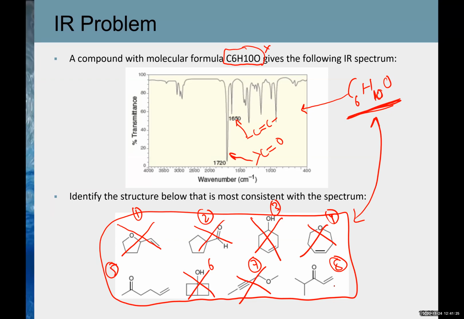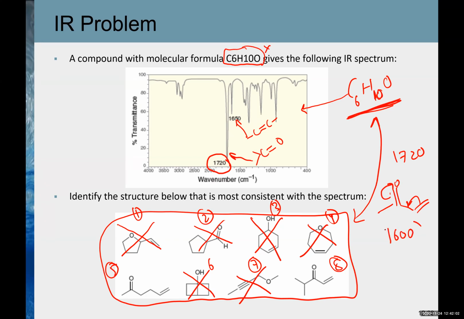Okay. So the actual thing which you should compare is the value of CO. CO is at 1720. And what is the effect of resonance on CO? If you remember, if there is a resonance, what happens to this CO value?